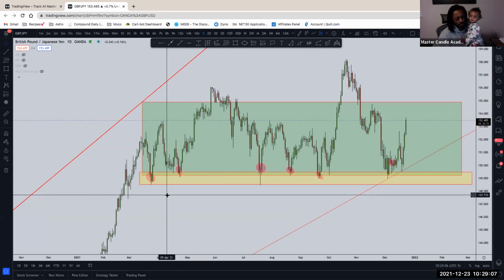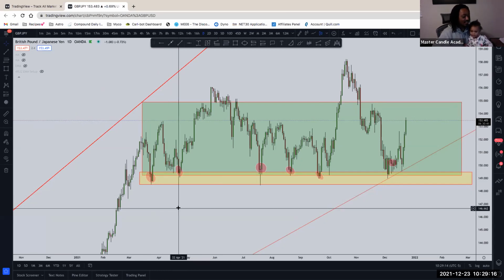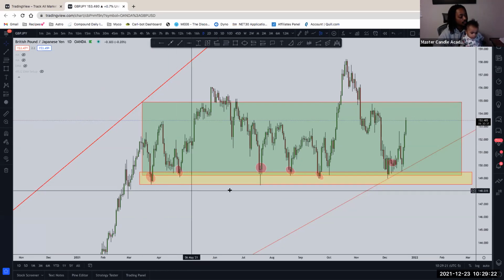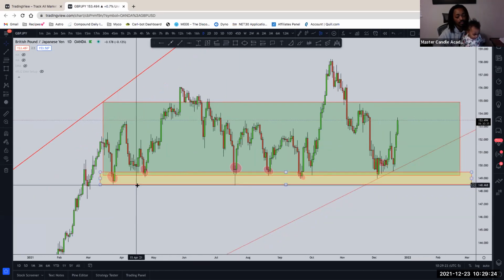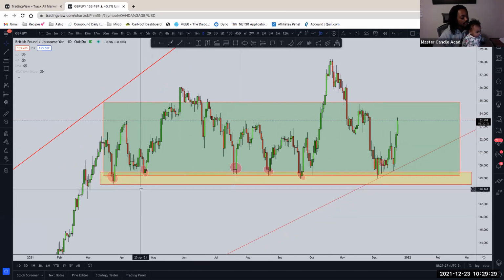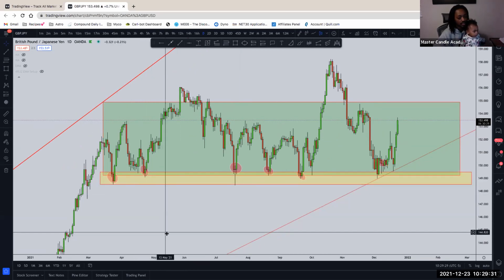Orders. Stop losses. Exactly. Right, sorry about that, guys. We've got orders. So why we box up this zone is because we know if price wants to close below this box, then it's going to come for the rest of these orders here.